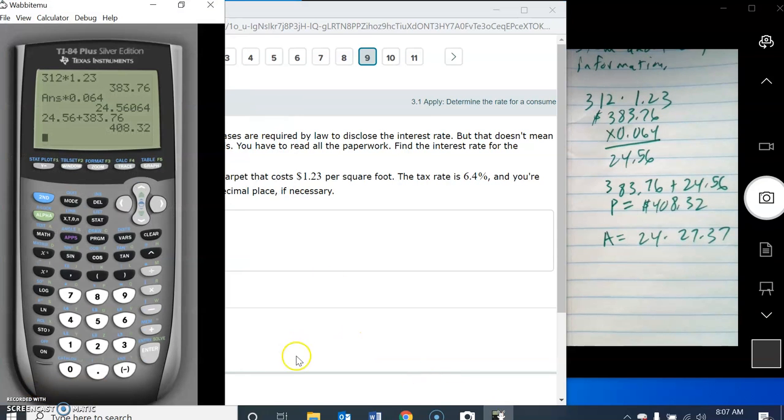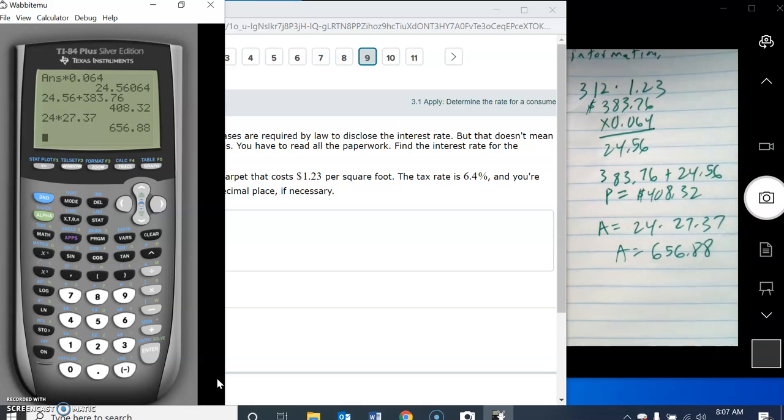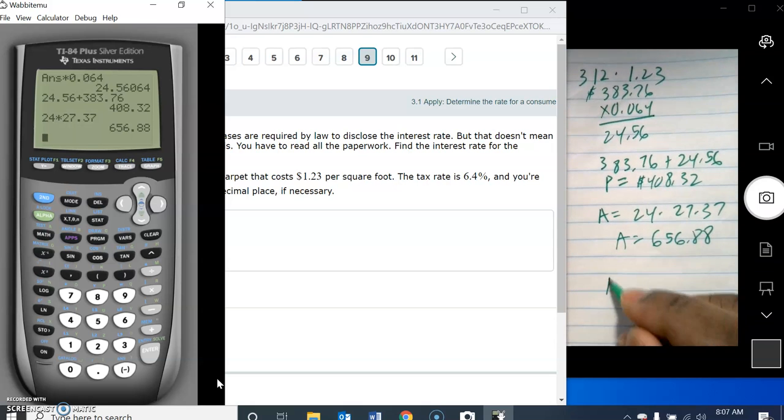So we'll put that in our calculator. And that would give us, our future value would be $656.88.